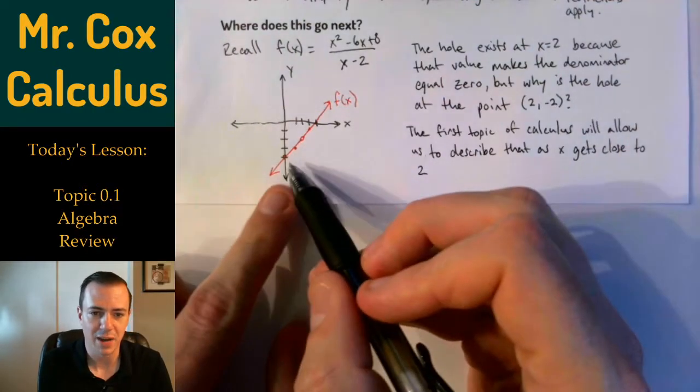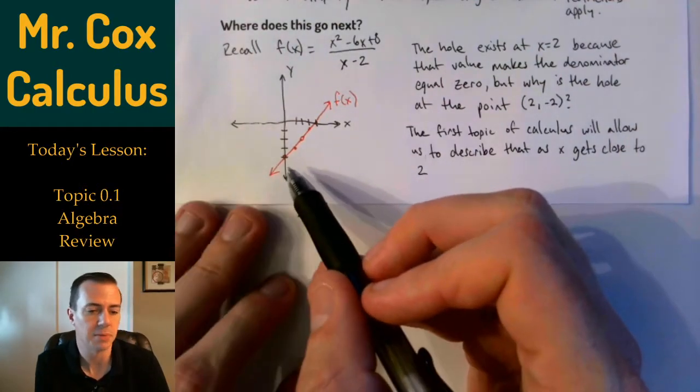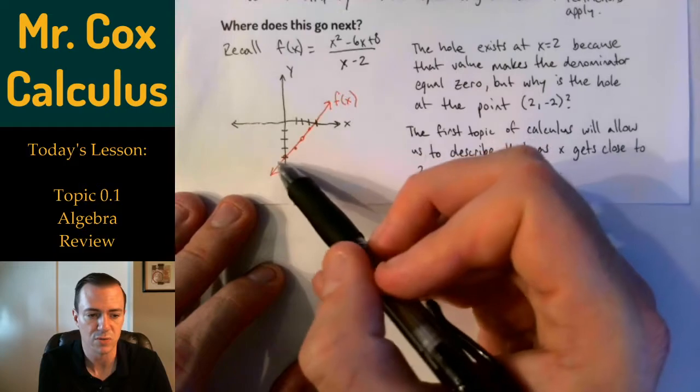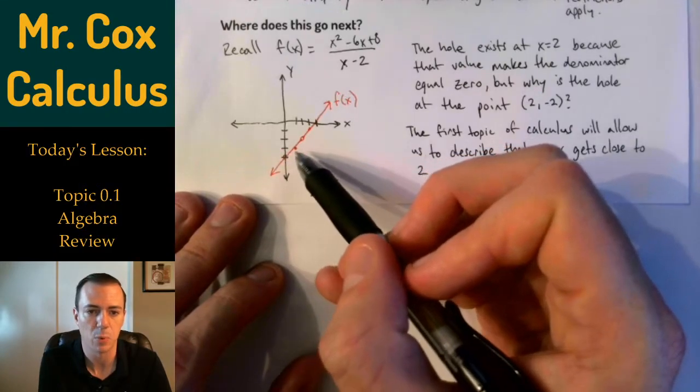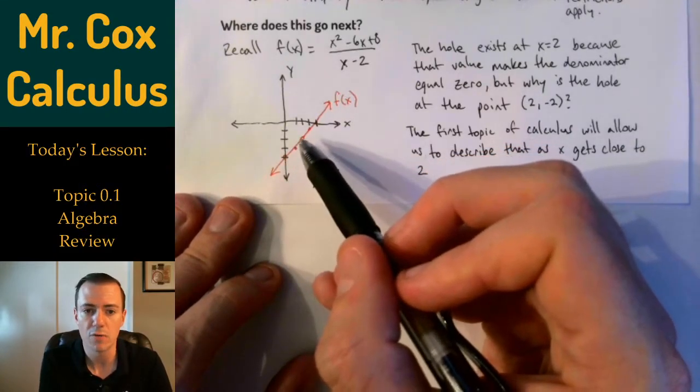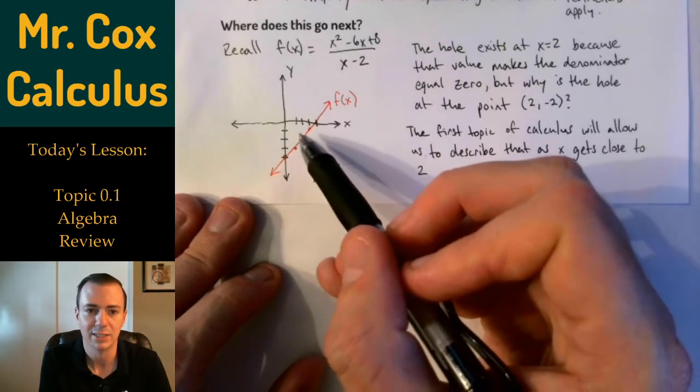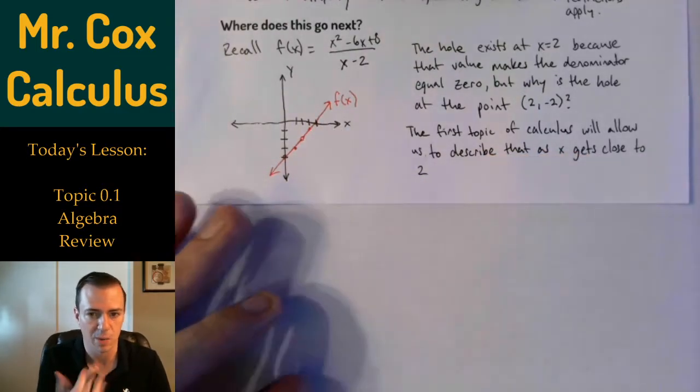So in other words, when I started here, I graphed my intercept at -4 because that's what I knew to do for a linear function, and then I started going up 1 over 1, up 1 over 1, and that's where I knew my hole was, and then I kept going, up 1 over 1, up 1 over 1.